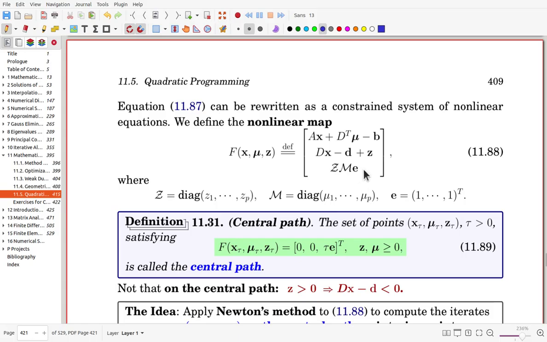Once it is positive, the last one will be positive, which means Z and M are simultaneously positive. From the second one, this is now positive, but the whole thing is 0, so that capital D x minus d is strictly negative. So that technique is called the interior point method.